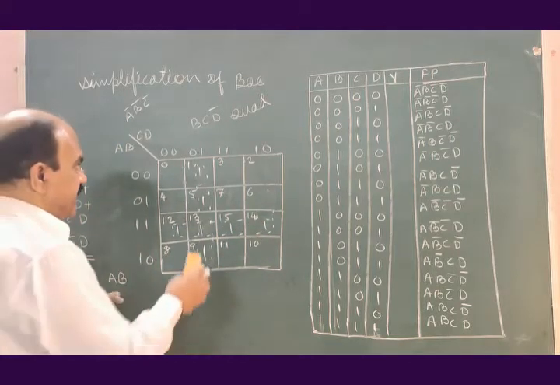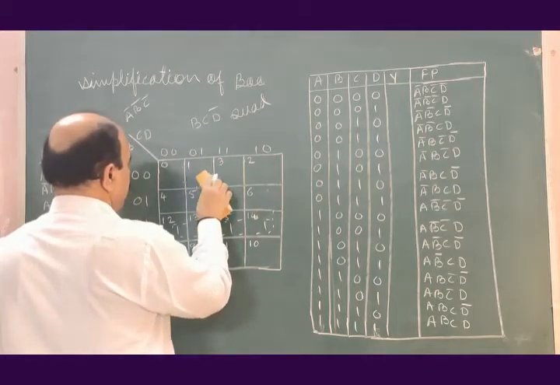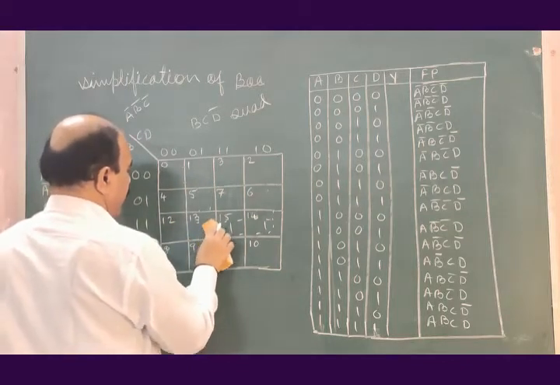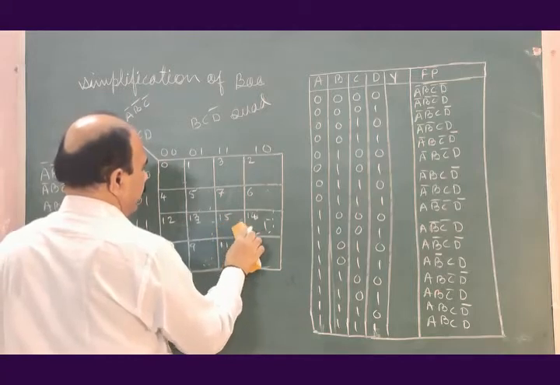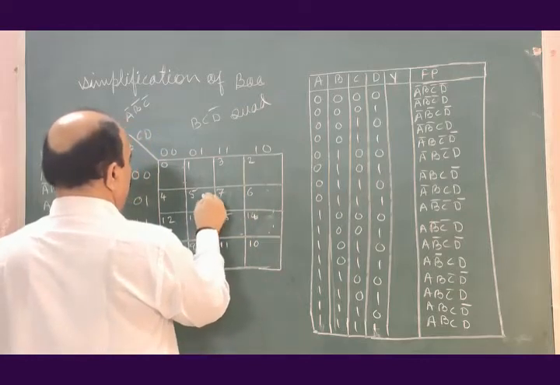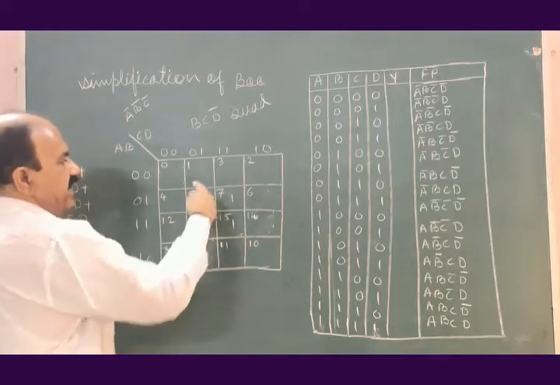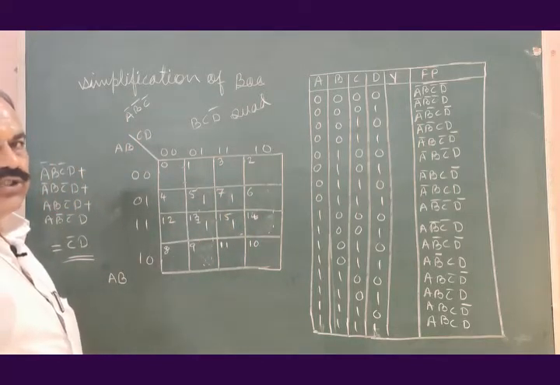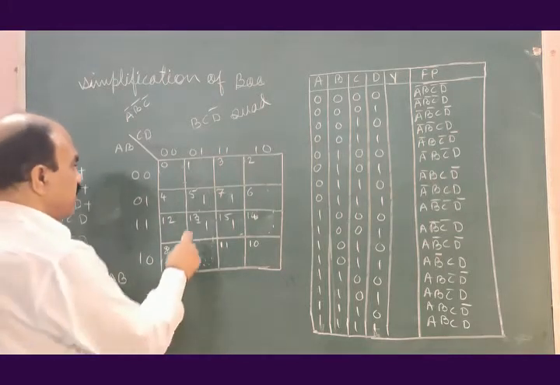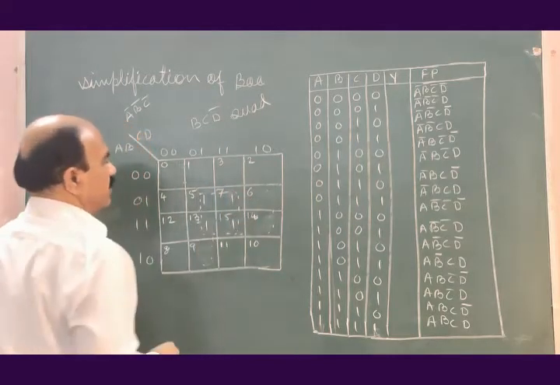If this is not the case, and we have 1, 1 here, 1, 1 here, 1, 1 here, 1, 1 here, a square is formed. Now, four ones are there which are adjacent to each other in a square, and therefore we can form a quad here.